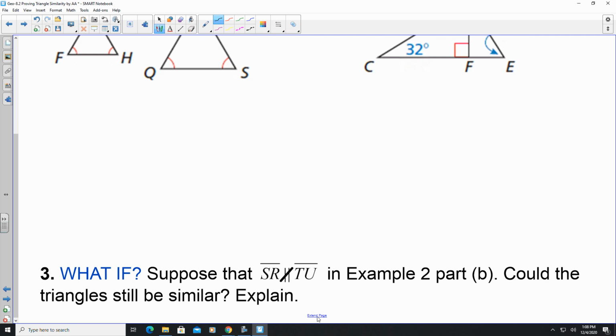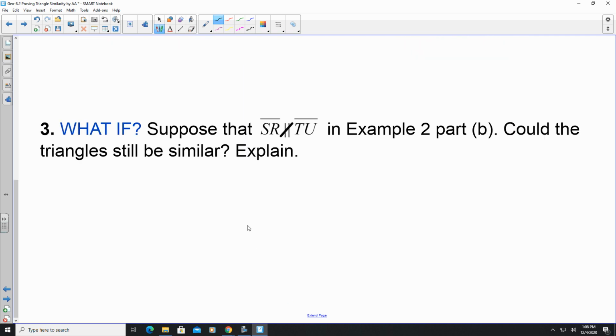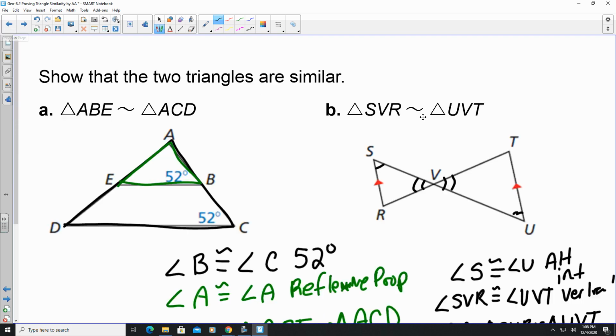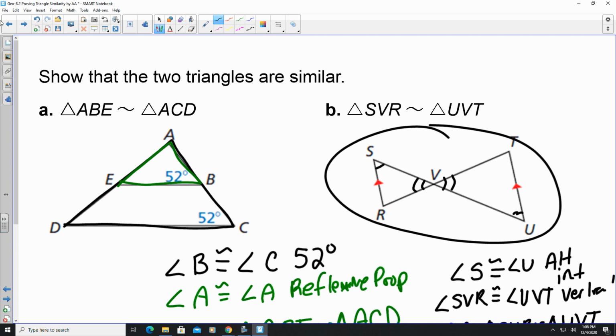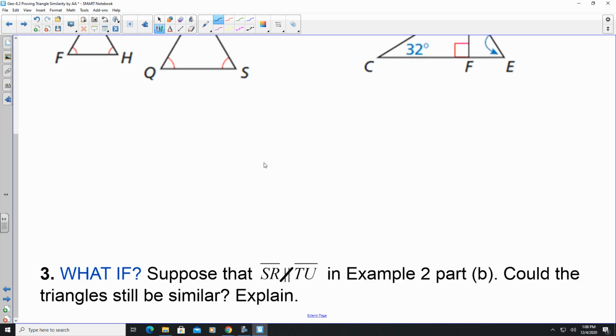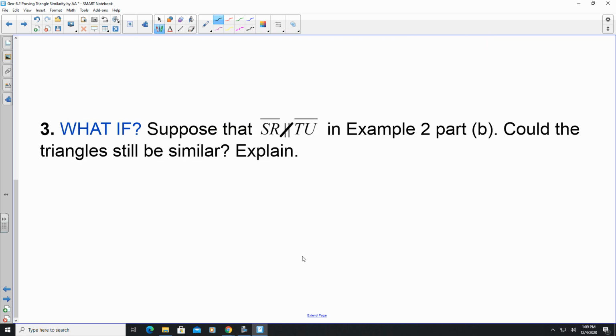But looking at question 3 here, it says suppose that SR and TU, from the previous example, so this example over here, they're asking if SR is not parallel to TU in example 2, part B, could the triangles still be similar? And then they're asking you to explain.